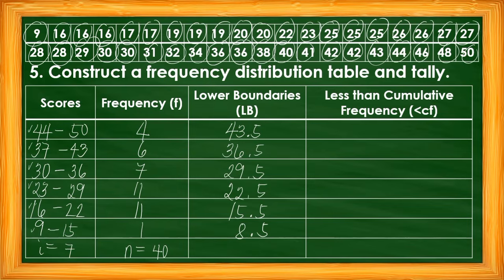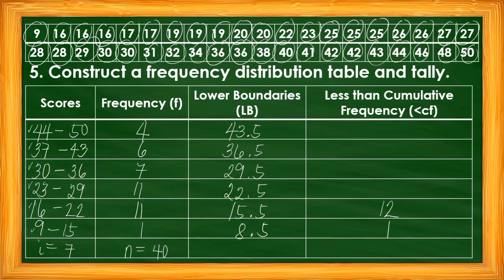Okay. Next, less than cumulative frequency naman tayo. Okay. So, mag-start tayo sa pinaka-ibaba. Kunin natin yung frequency ng 9 to 15, that is 1. And then, i-add natin sa frequency ng susunod na class, which is 16 to 22. So, 1 plus 11, 12.